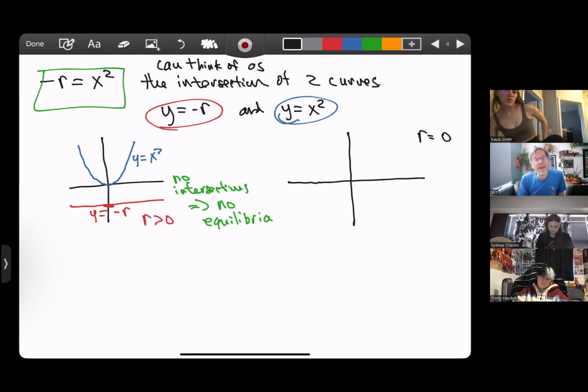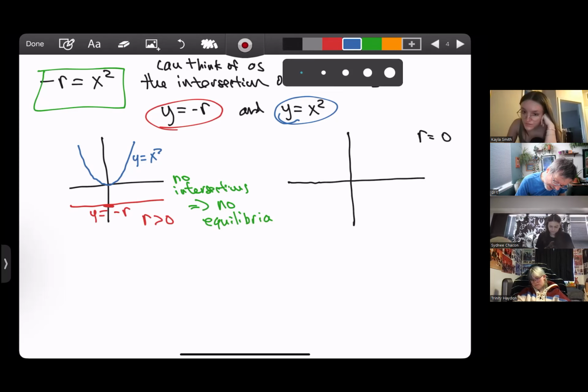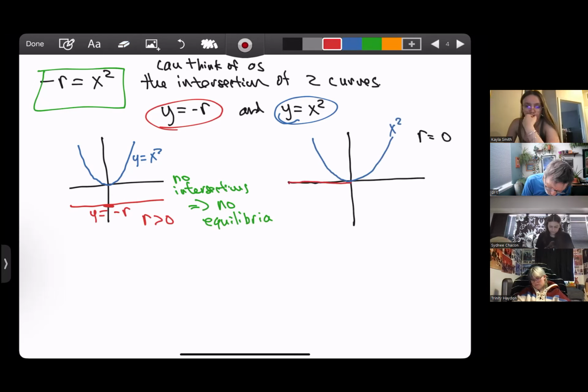And this is a bifurcation because the state of this system has changed. There were no equilibria, and then suddenly something appears. Let's put the parabola back: y equals x squared. Now my line is right here, literally on the x-axis, and I have one intersection point.